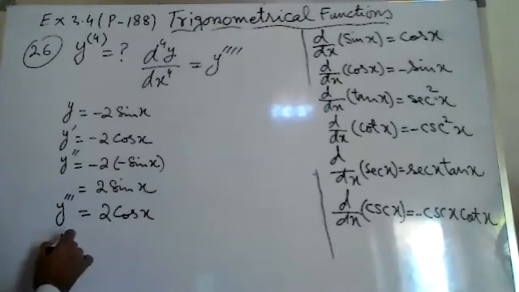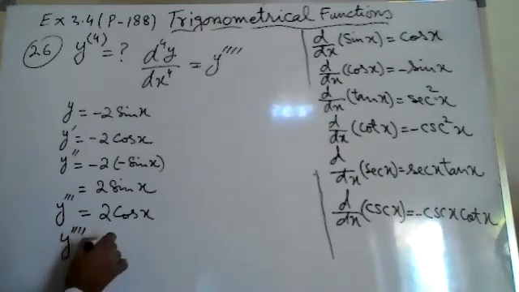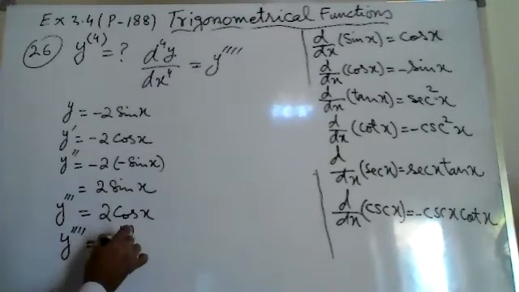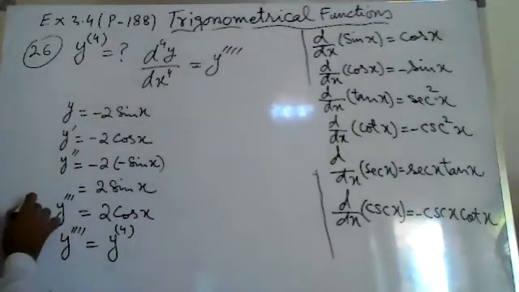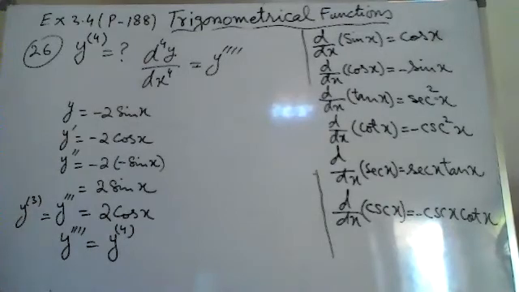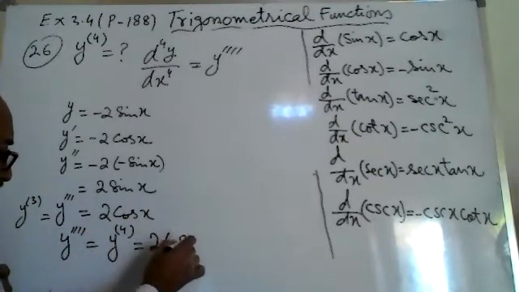Now the fourth derivative. In this way, or you may write in the bracket, that also will be written y in the bracket 3. So the fourth derivative: 2 is constant, the derivative of cos x will be minus sine x.